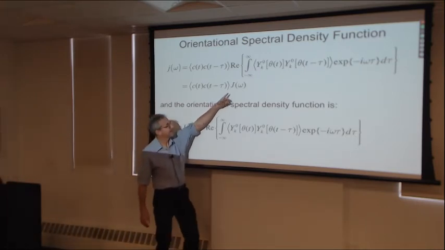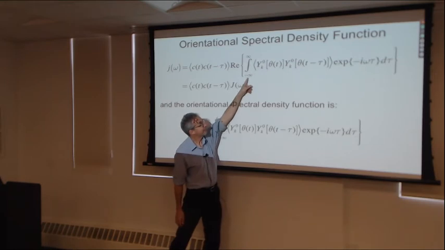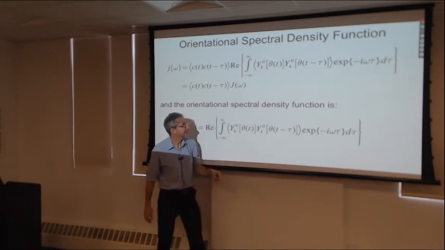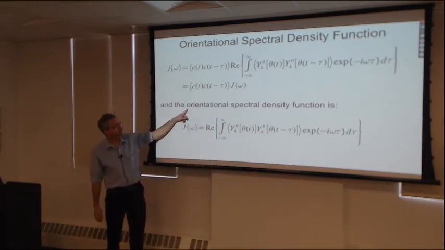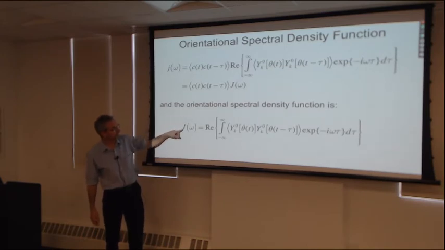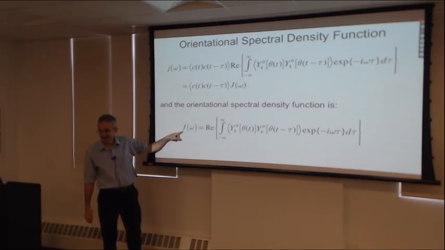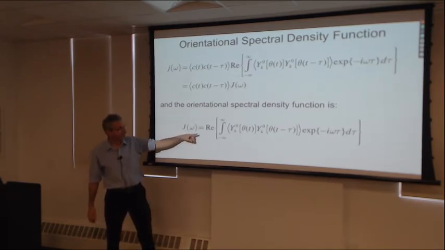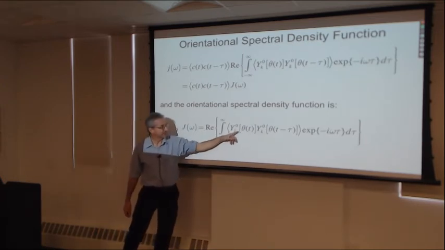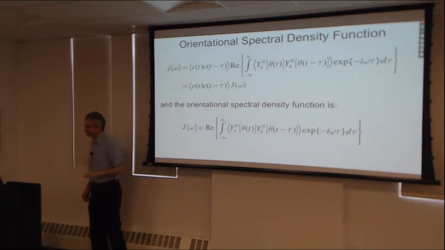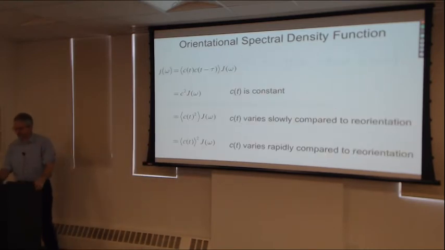But then this part is called the orientational spectral density function, usually called capital J. So the Fourier transform of just the autocorrelation function of the spherical harmonics will be capital J in most maximums.